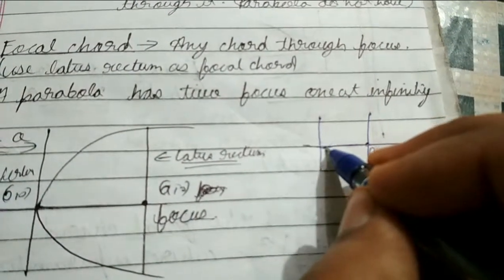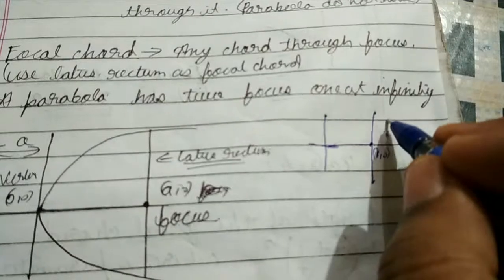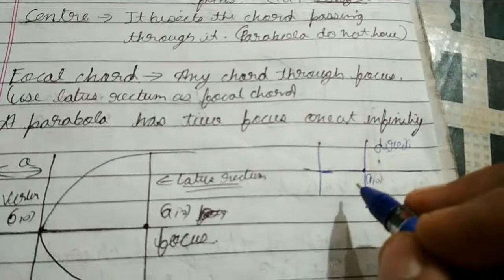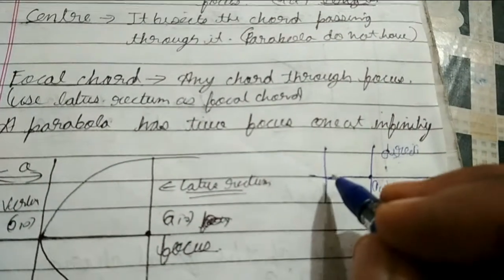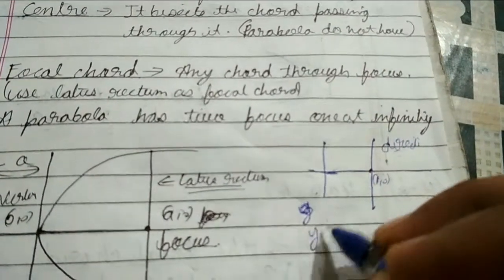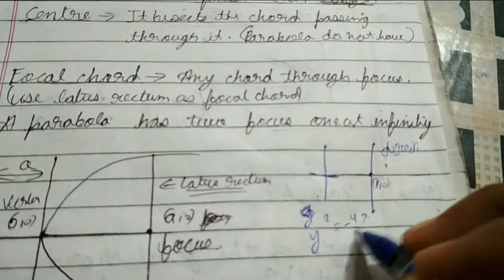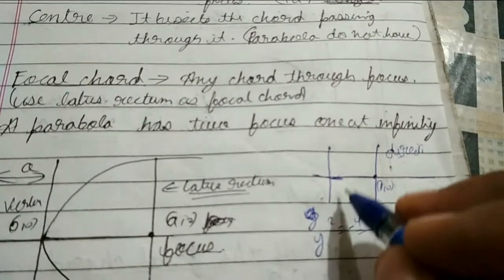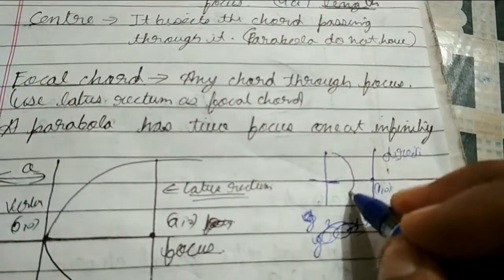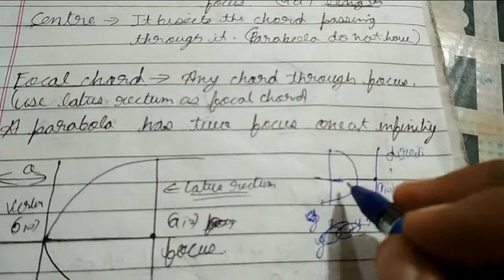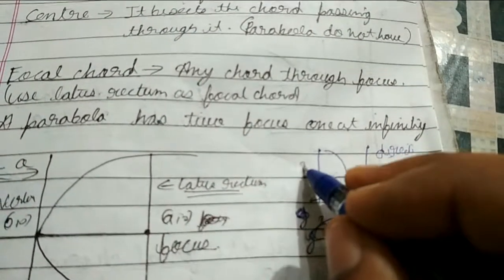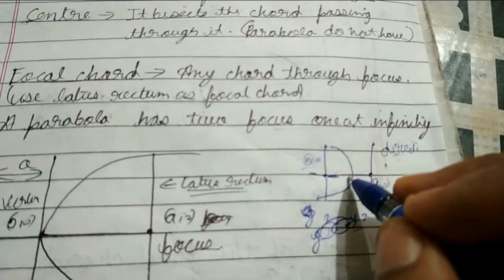In that question it was given that at (1, 0) we have the directrix, and the equation of the parabola was something like y square equal to minus 4x. The focus was given at (0, 0). Now the vertex was asked.